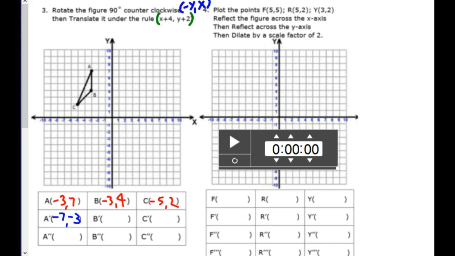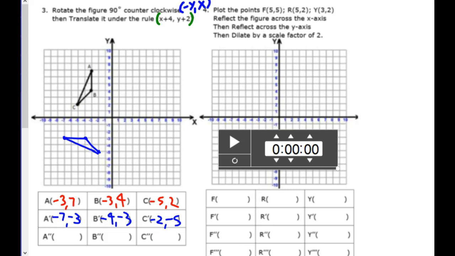Okay, and then negative 4, negative 3. Negative 2, negative 5. And then switch them. Negative 7, negative 3. Negative 4, negative 3. Negative 2, negative 5. All right, so that's a 90-degree rotation counterclockwise.